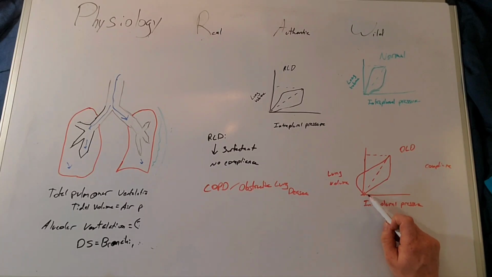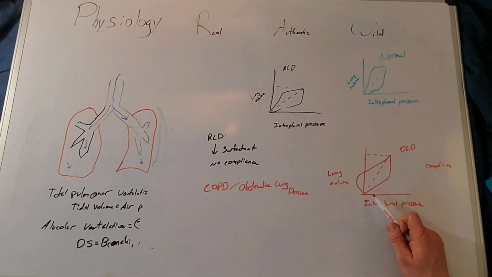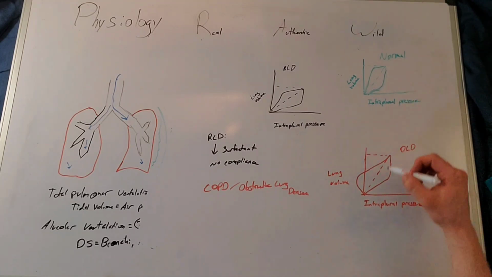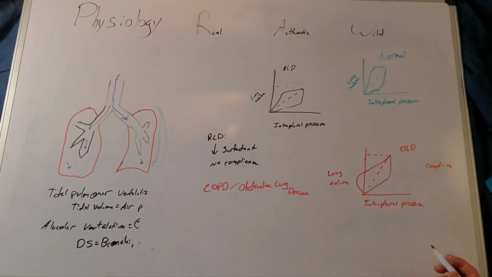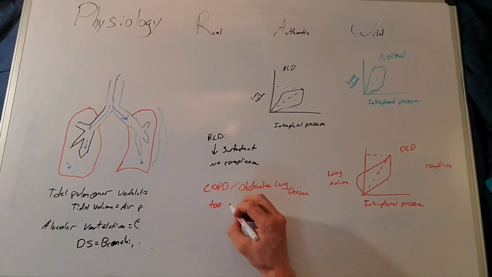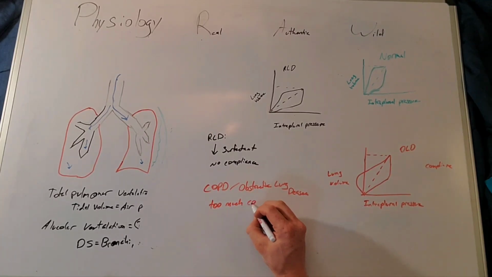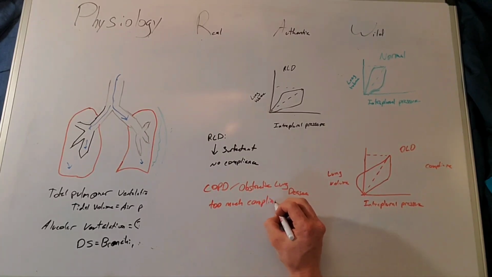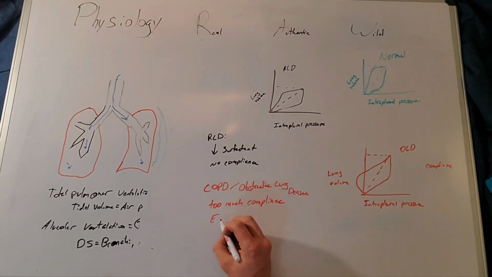So in this graph you can see that it looks normal pulling in air. You suck in, you have to create a little bit less pressure than the normal, because this one has too much compliance. It's actually lacking in elasticity. So elasticity, circle that, put an X through it.